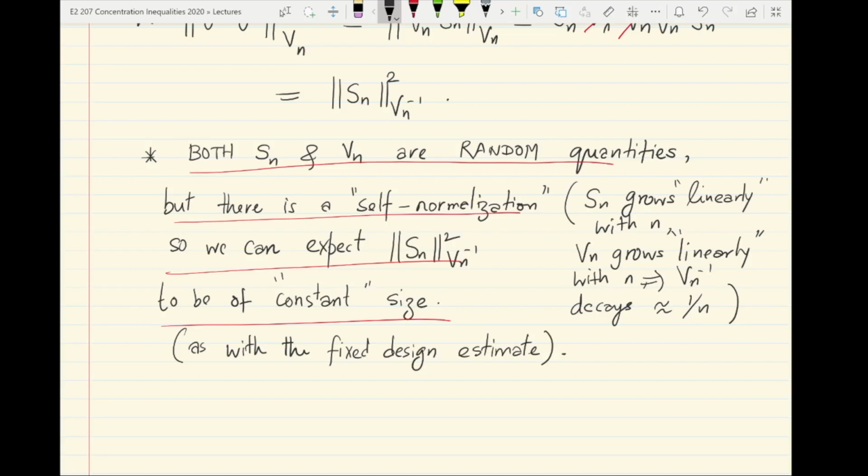So in the fixed design setting, things were a little easier because Vn was a fixed matrix. It was not random, so it was easy to handle terms involving Vn. So how do we make this formal?